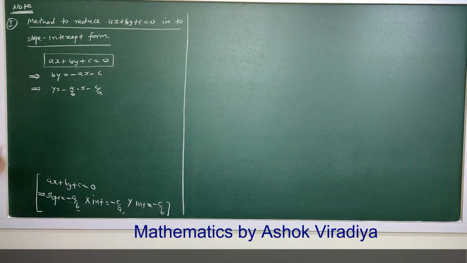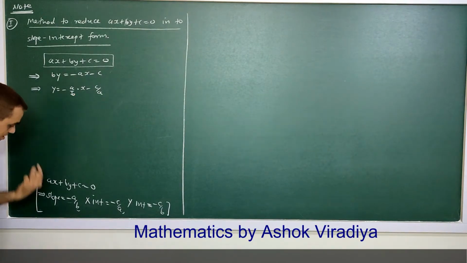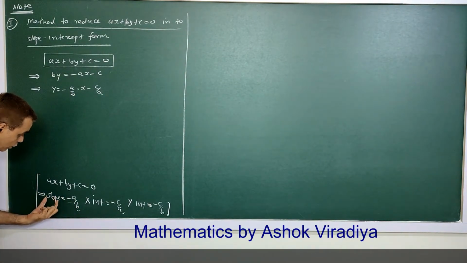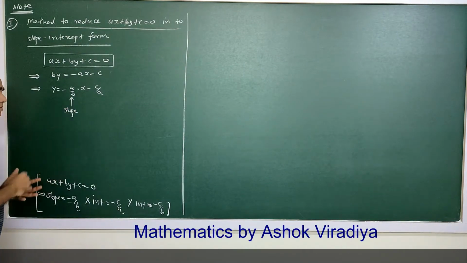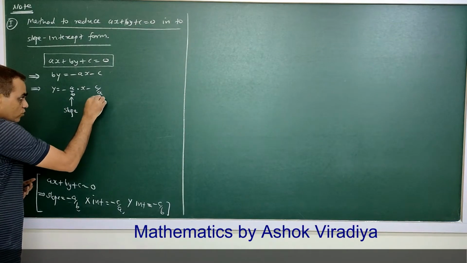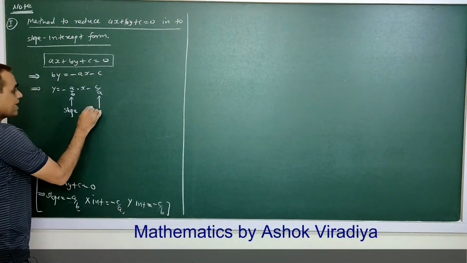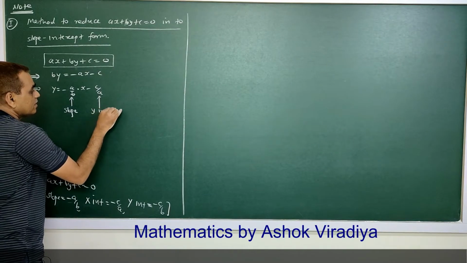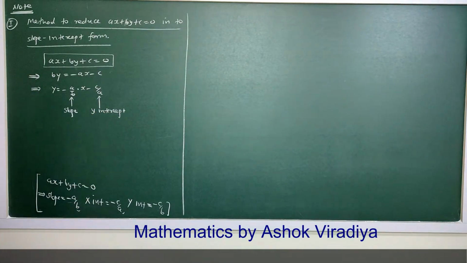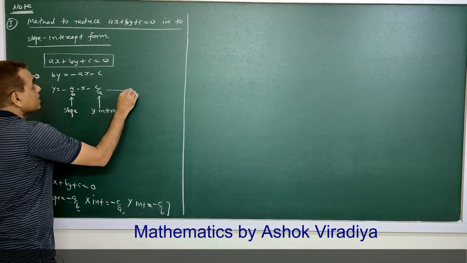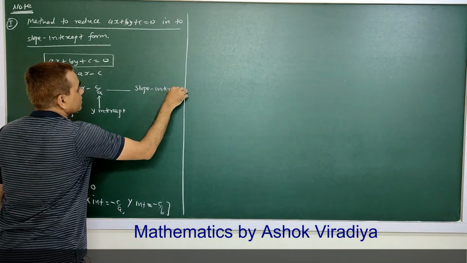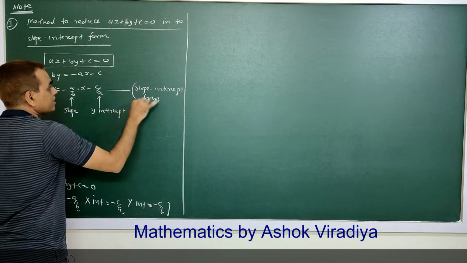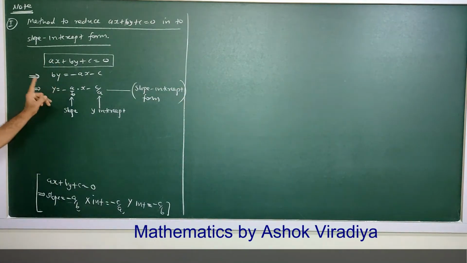Getting the expression for y, what is the coefficient of x? The coefficient of x is now the slope. So this value is the slope, and this value is the y-intercept. So this form is said to be slope intercept form because it represents slope and y-intercept.